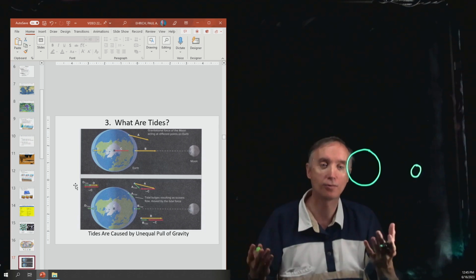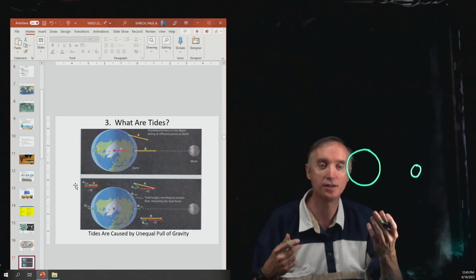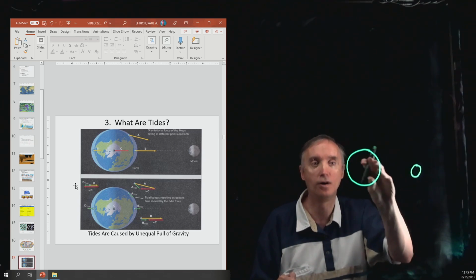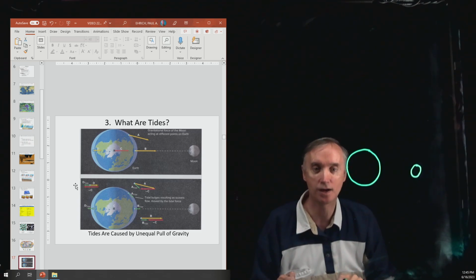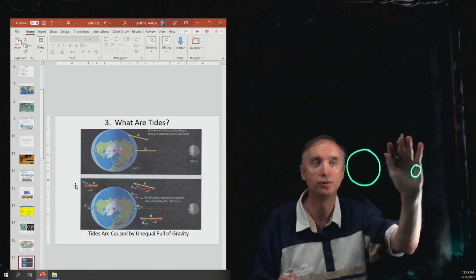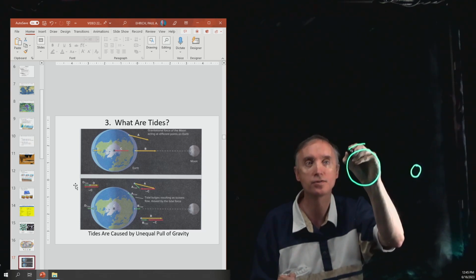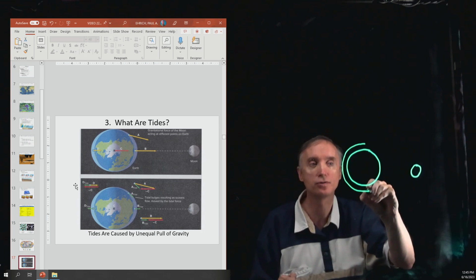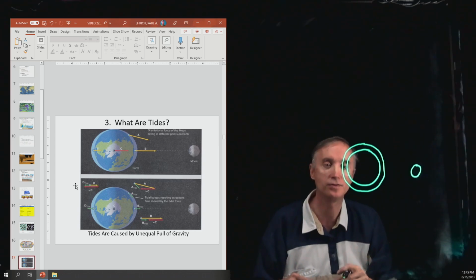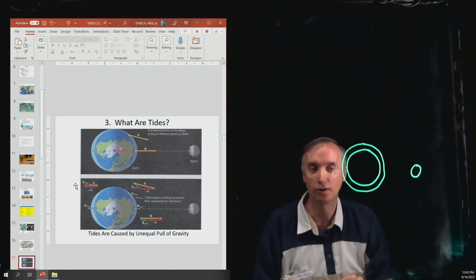Hopefully you already know that it's the gravitational pull of the moon on the water that causes the tides. And so if there was no moon, then this would represent the oceans, and the oceans would be uniformly distributed around the Earth.